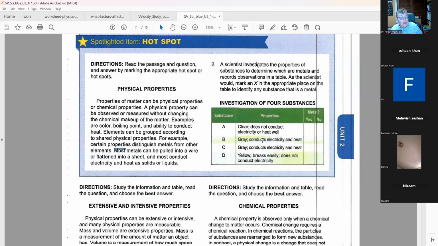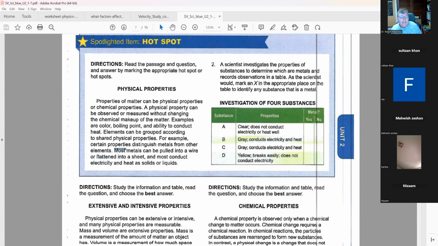Then we look at B and C. Gray conducts electricity and heat. That's a good one. That's a metal. So we would X C2. Yep, conducts electricity and heat. And then D does not conduct electricity, so that's not going to be a metal. So you would mark B and C.